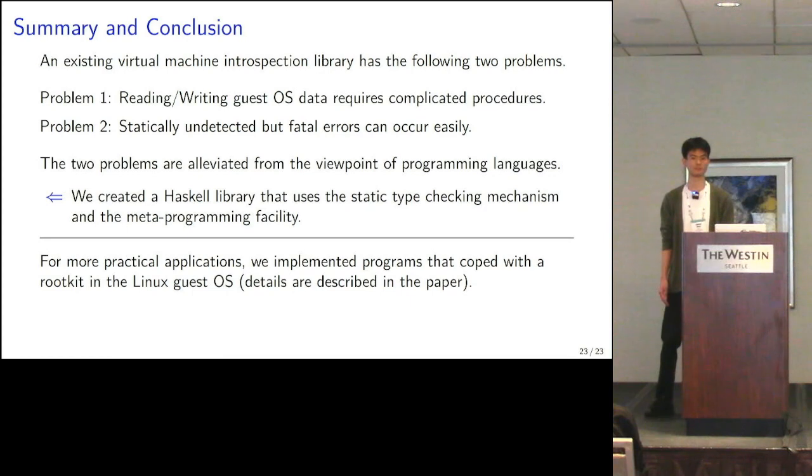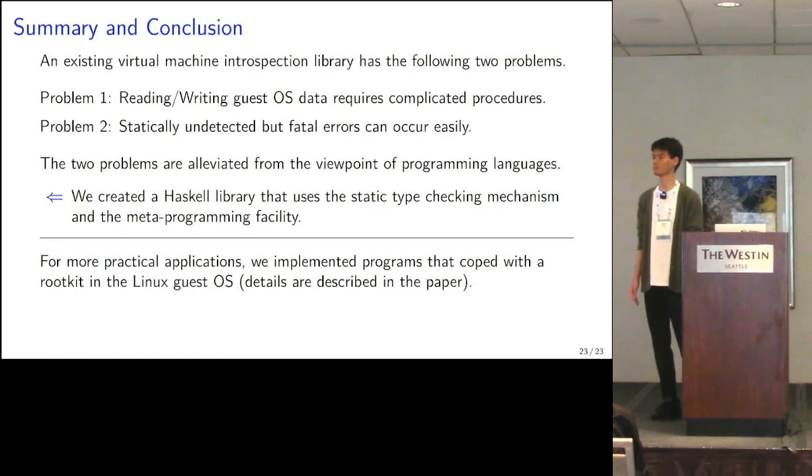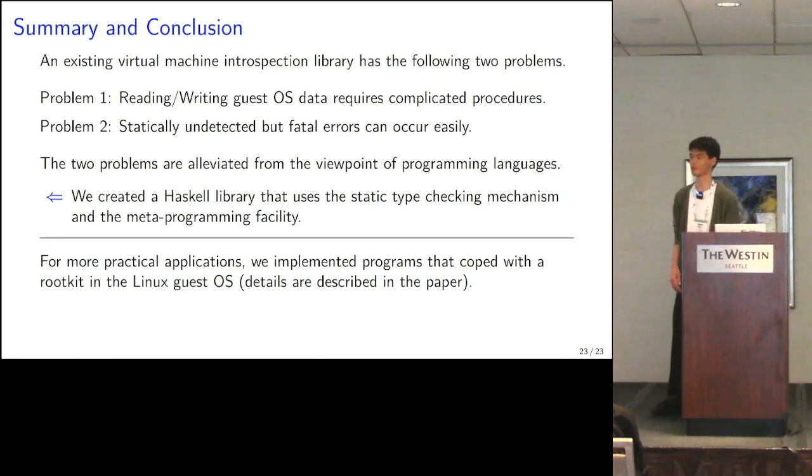Questions for Takato? Last question about the Haskell implementation. I think it's a pretty cool thing that you can generate all of this with Template Haskell. It helps you in the ways that it has here. But more a question about VMI in general: how does one actually go about identifying the locations of these structures within the guest image?